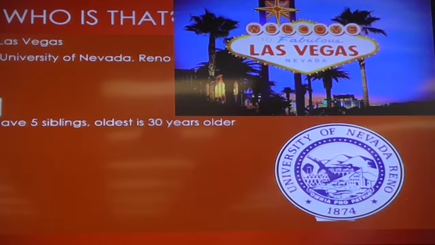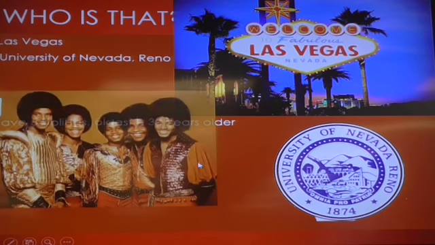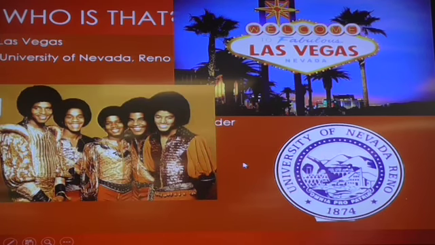Wow. How old are your parents? My mom's 60 and my dad's 70. Gotcha. I didn't get that when I wrote that. I couldn't find a good picture, so the only thing I had was 5 siblings. But now I understand it a lot better. So you're the youngest and you have a sibling that's 30 years older than you. Wow.